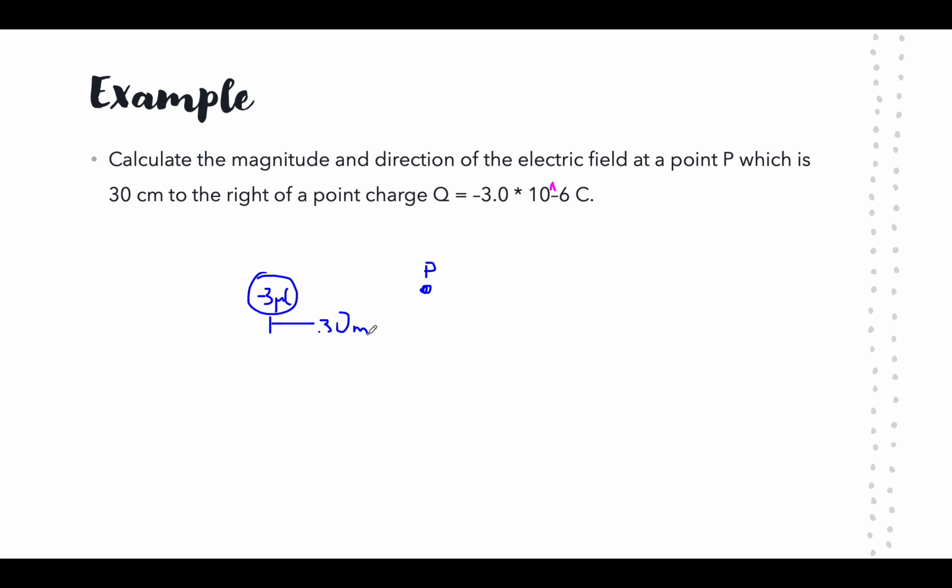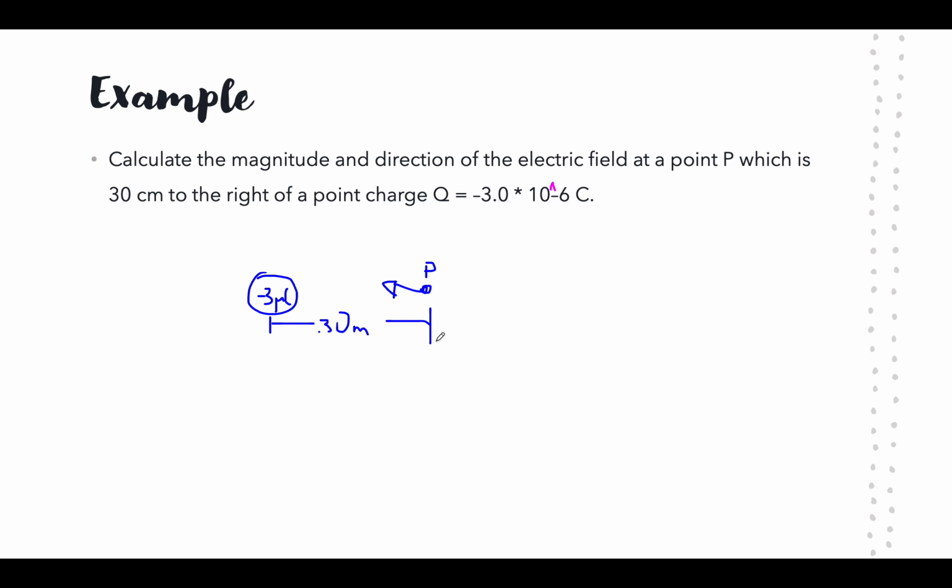So we have to calculate the magnitude and direction of the electric field, okay? Now, as we know, we're going to put a test charge at point P. All test charges are positive. The charge creating the field is negative, so we already know that the direction of the field is going to be in that direction, okay?